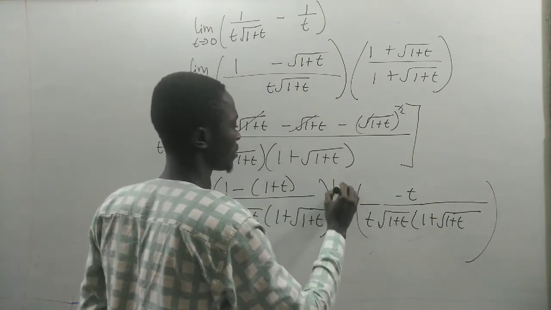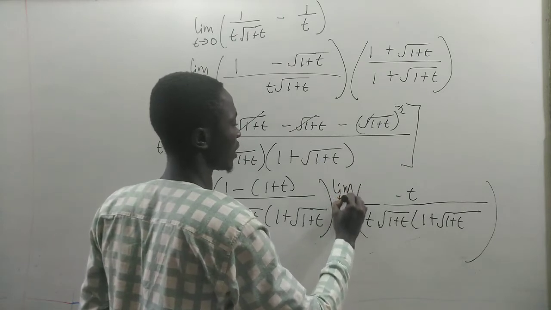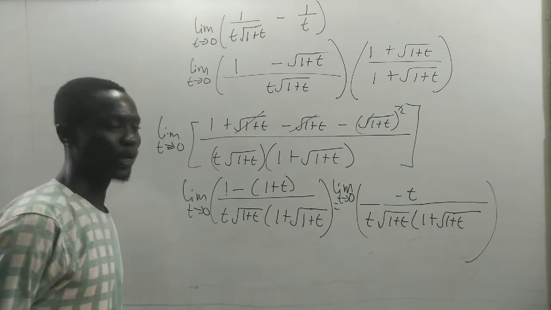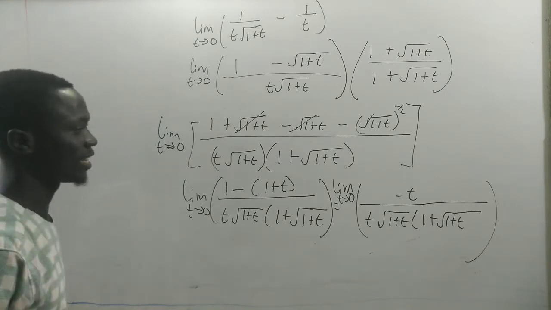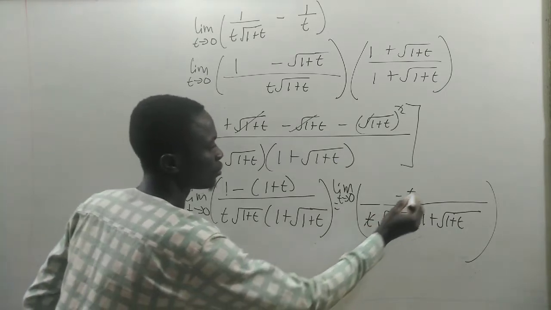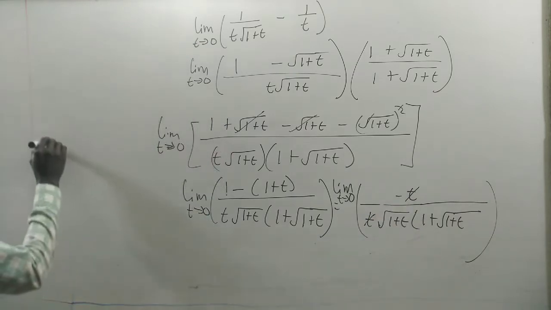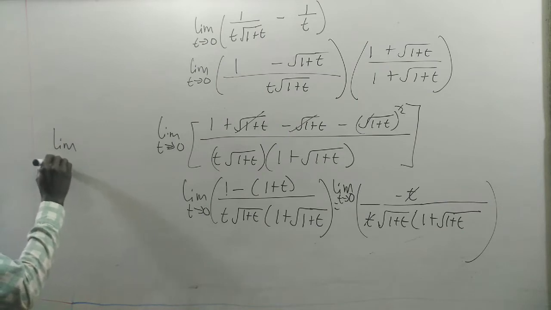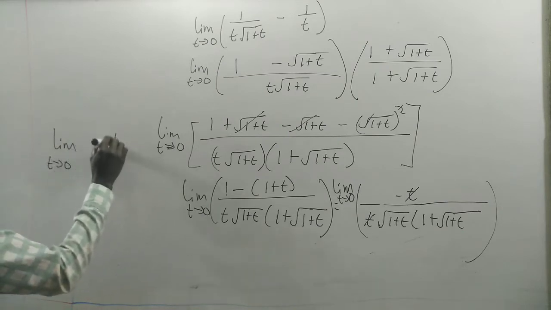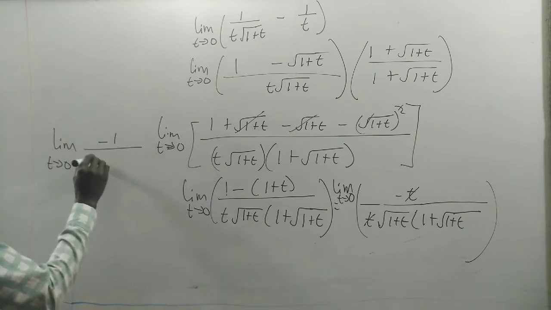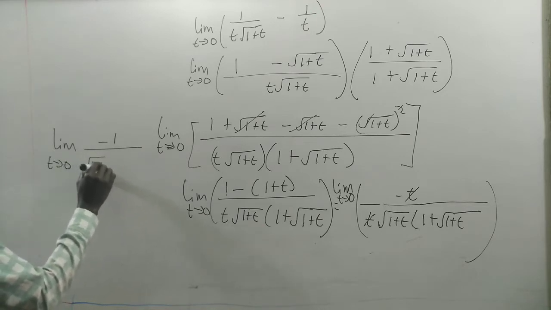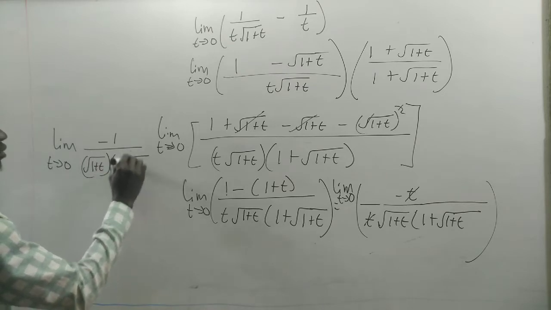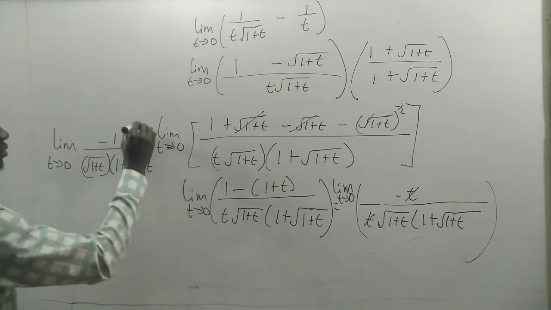Then we take the limit as t approaches 0. Wow! I hope you are enjoying the lesson, right? So here, this t will cancel this t, and we have the limit as t approaches 0 of negative 1 divided by square root of 1 plus t times 1 plus square root of 1 plus t.